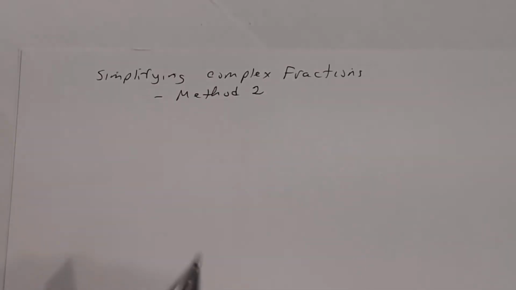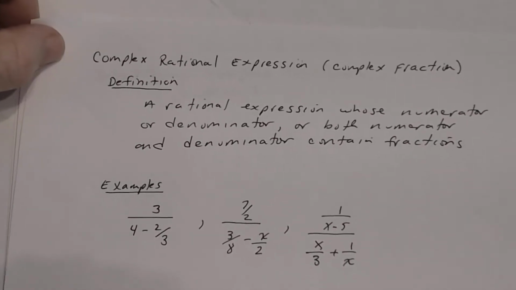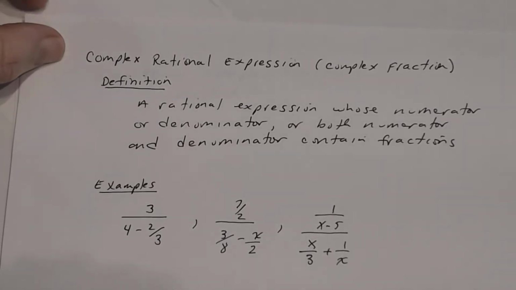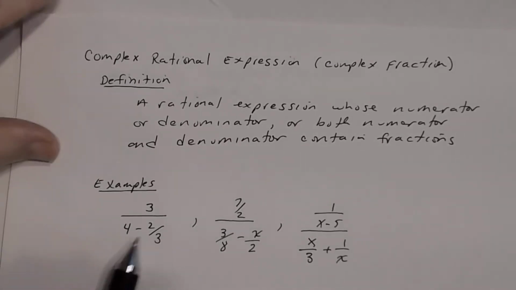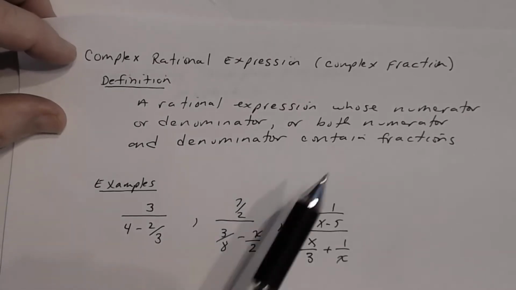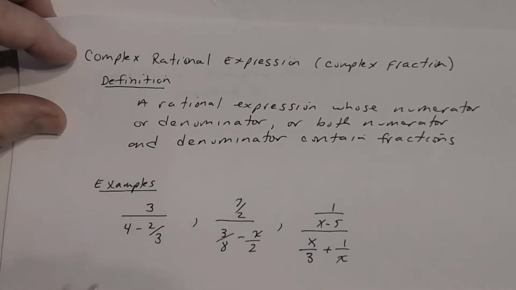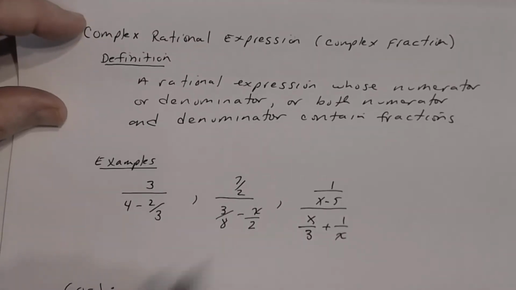Now let me just remind you about what we talked about in method 1 in terms of what a complex rational expression, or a complex fraction, is. A complex fraction looks like this: you have a numerator or denominator or both that contains fractions. These are examples.